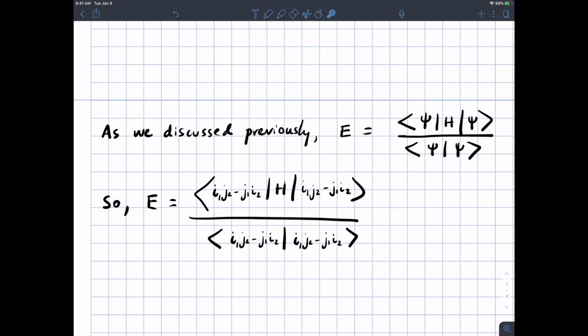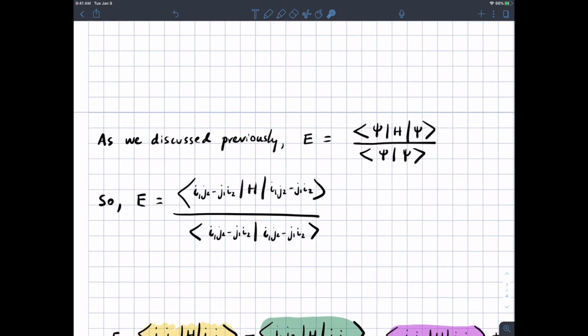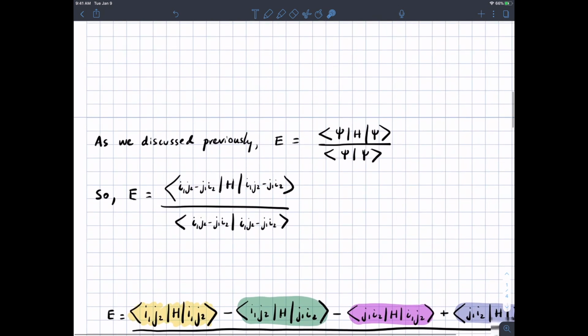Okay, so you can treat operators to some extent like algebraic quantities, and this is what I was trying to show you last week, but I think I got a little bit confused. Hamiltonian applied to this first I1J2 term, multiplied by the complex conjugate of I1J2, and that gives us this term highlighted in yellow. And so we can go on expanding out Hamiltonian applied to I1J2 times minus J1I2, and that gives us the purple term.